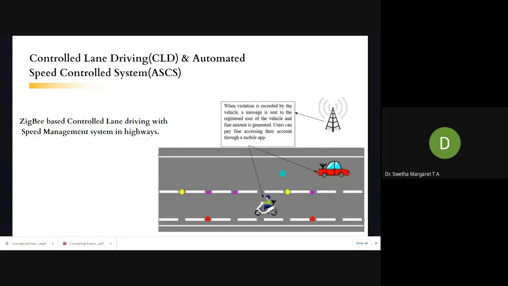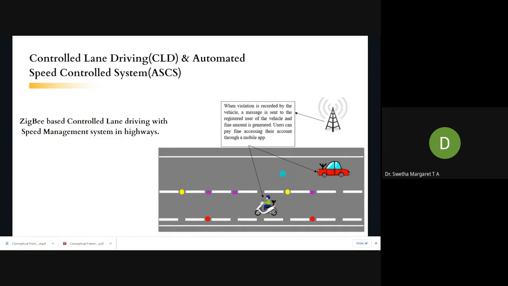Now, the four-wheeler will have a Zigbee receiver and an Arduino to compare the speed, and once the speed exceeds the limit, the vehicle will be jammed automatically. When it is jammed, the driver or the vehicle owner has to pay the fine in order to release the jam. This jam will happen using ultrasonic sensors on the wheels of the brake limits.